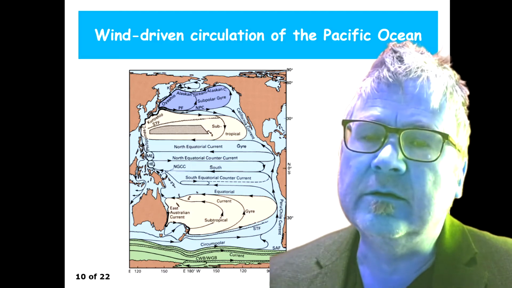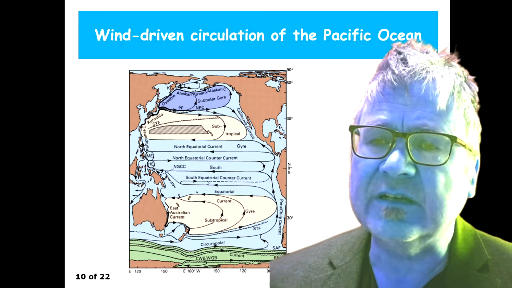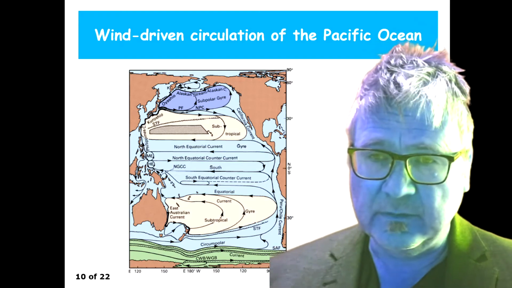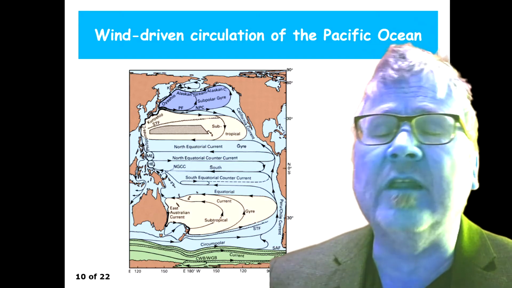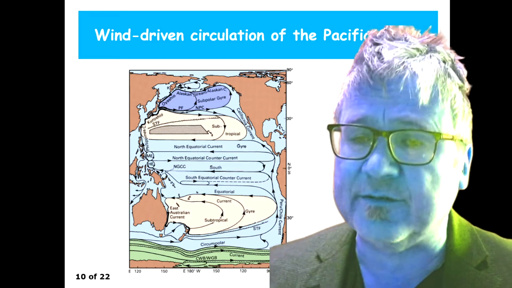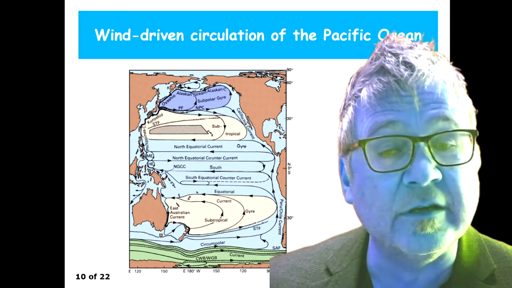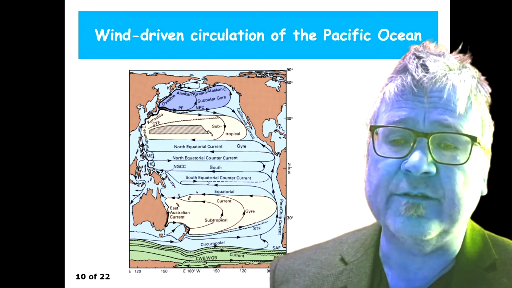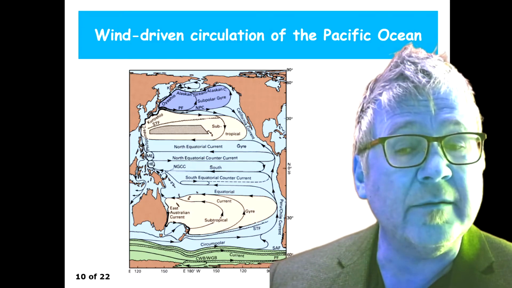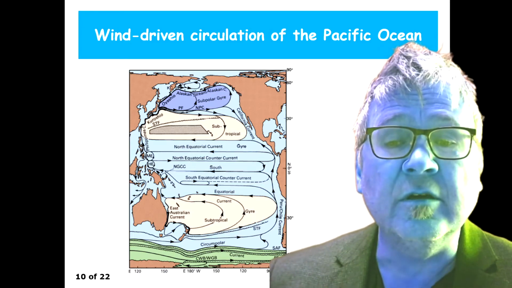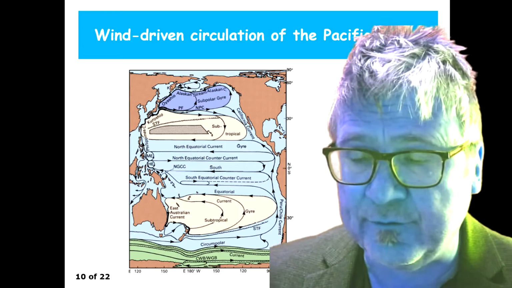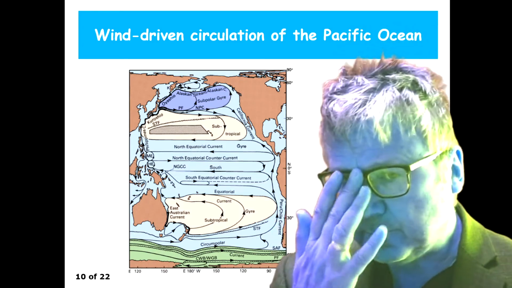Apart from the El Niño Southern Oscillation, the surface circulation is quite robust in the Pacific Ocean. And here's a sketch of this. A robust wind-driven surface circulation.